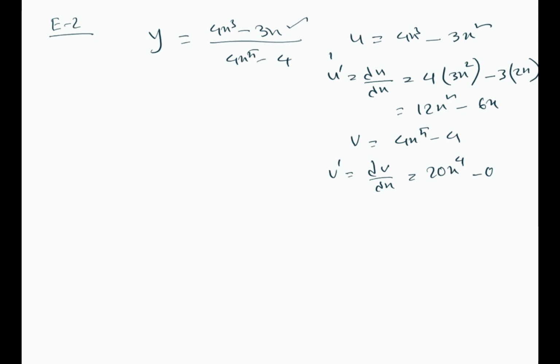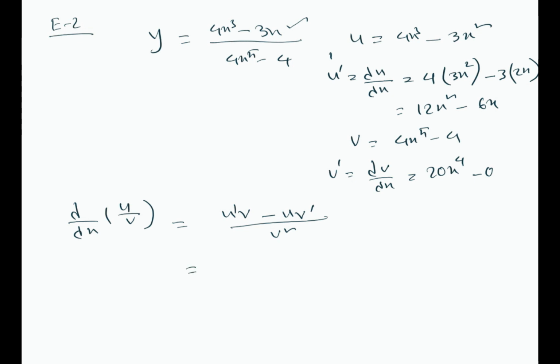So according to the quotient rule, I can write d/dx of u divided by b. I am writing the general rule, so it would be u prime b minus u b prime, divided by b squared.